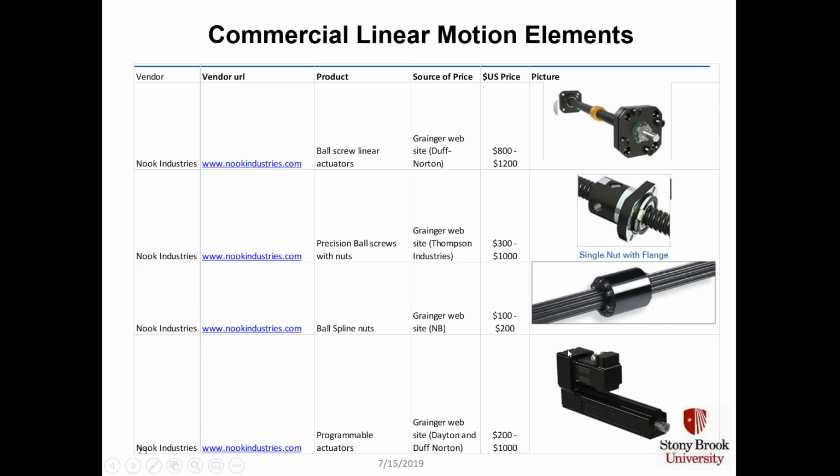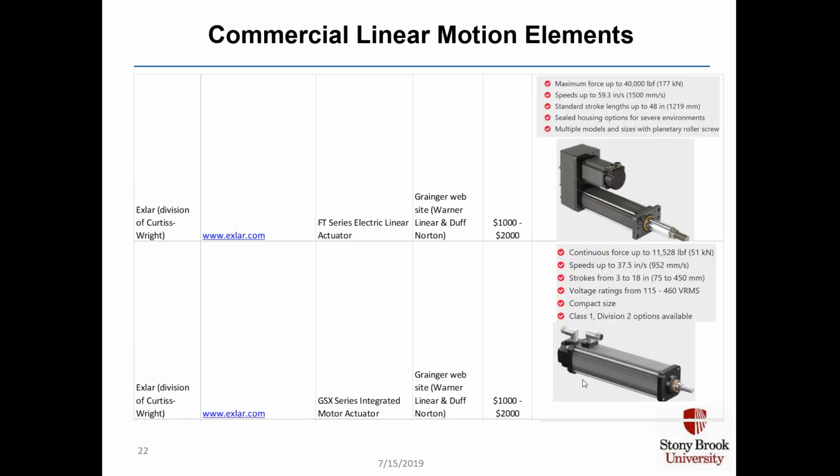You can buy a programmable actuator, which includes a motor on it, and that's between $200 and $1,000. Or you can buy the deluxe FT series electric linear actuator, which has extremely high force, fairly high speed, has multiple models, sizes with planetary roller screws, and it's going to cost you between $1,000 and $2,000.